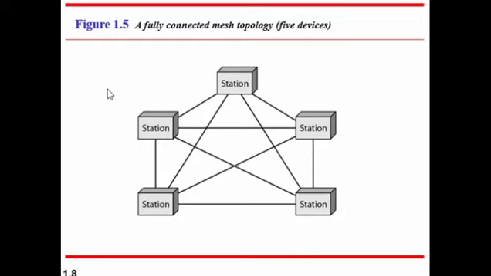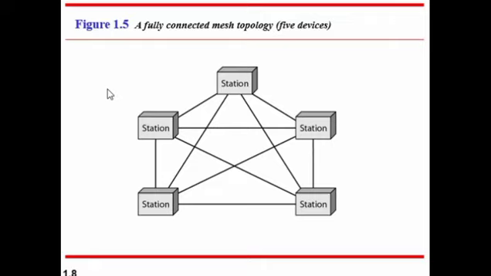So what is the formula to find out how many connections must be made to generate this mesh topology? There is a formula that we will use to find out how many lines or connections we have to locate there.